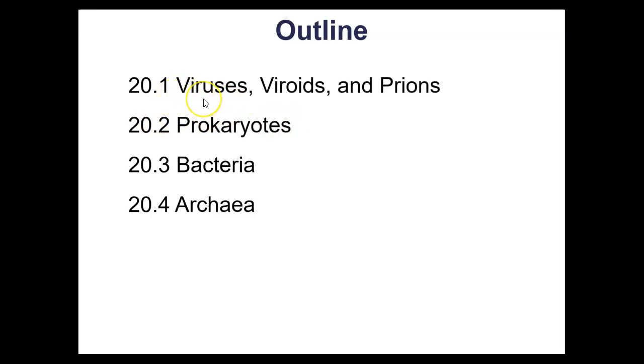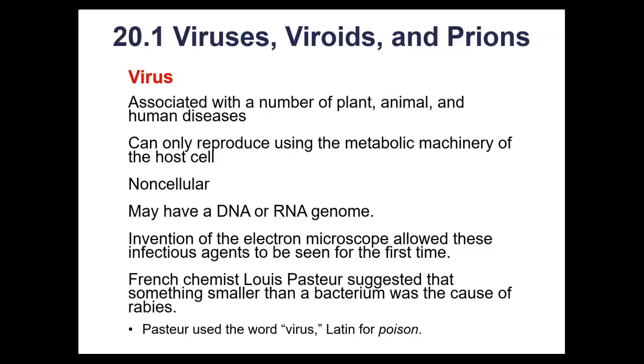It's going to include viruses, viroids, prions, prokaryotes, bacteria, and then the section on archaea, that is the section we are going to cut some material from. I am going to tell you about archaea briefly, and I'm going to tell you about 3 of the most common types of archaea, but we're going to focus on the first 3 sections of Chapter 20.